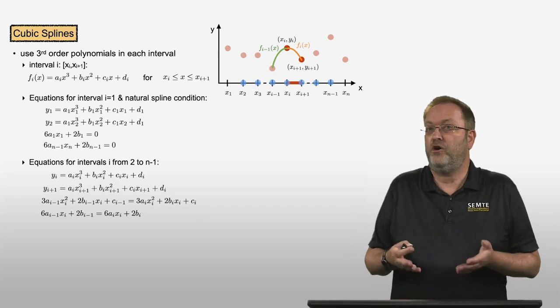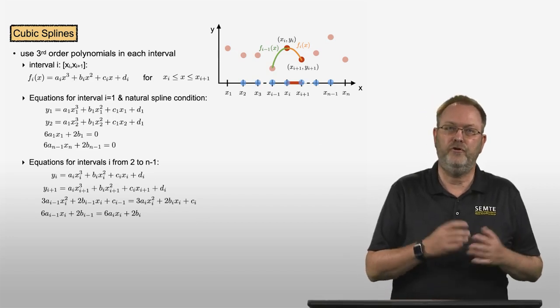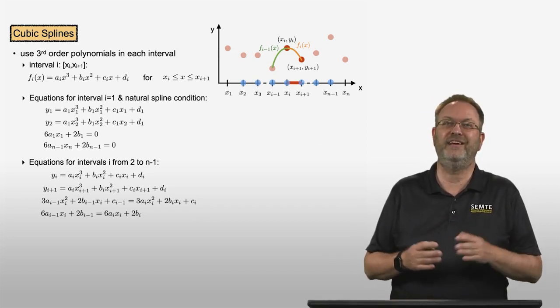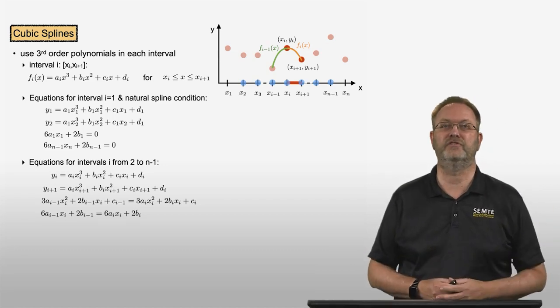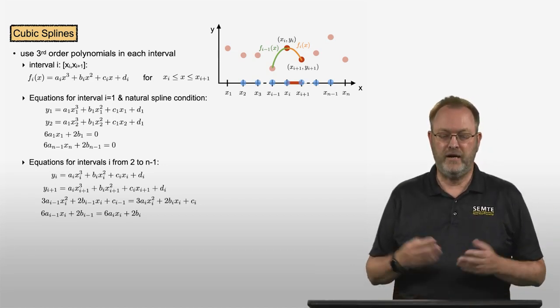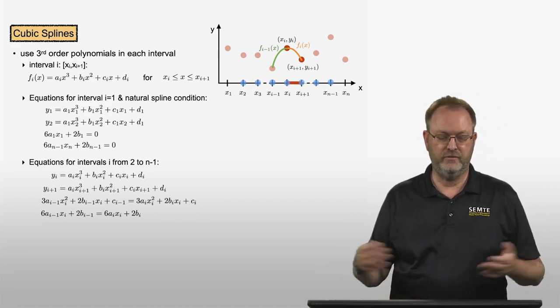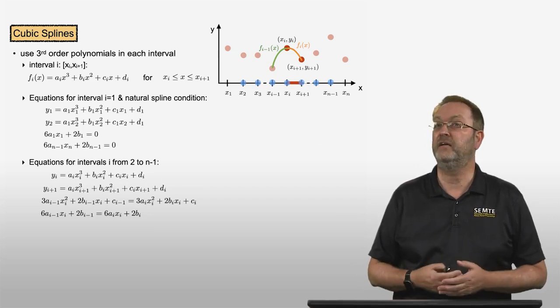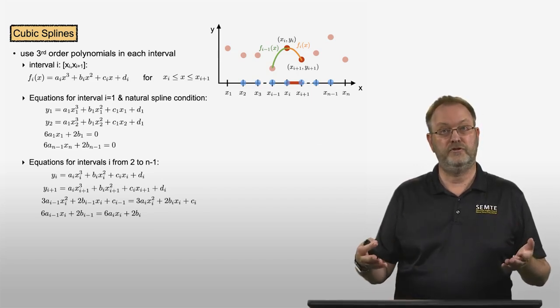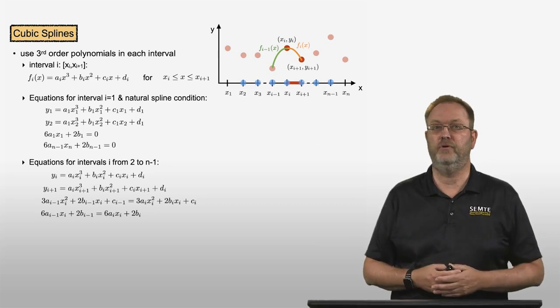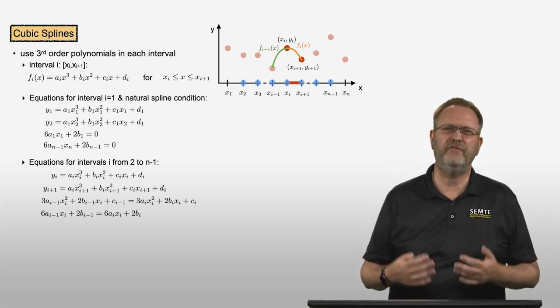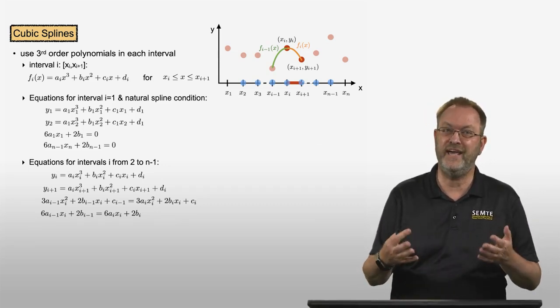But I can't write all 4 conditions for the very first subinterval because there is nothing to the left of it. So for the first interval, i equal to 1, I only have the condition that the polynomial from the first subinterval has to go through the endpoints. But I would like to have 4 equations there as well.